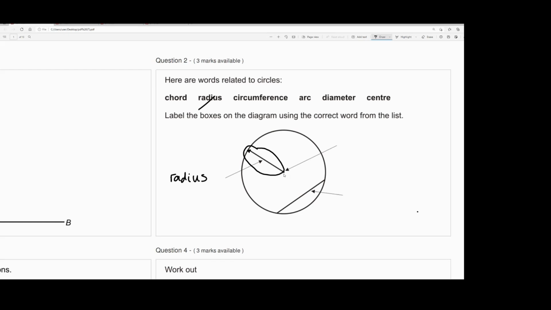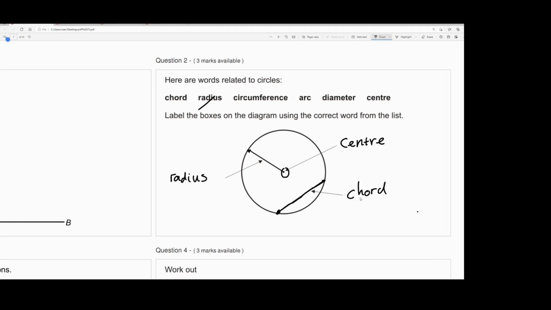And the actual middle of the circle, so here, that is the center. And this line, which goes from one part of the circle to another part, but not through the middle, we call that a chord.